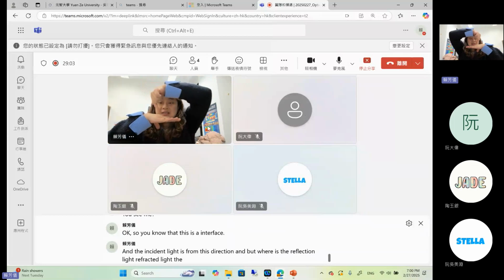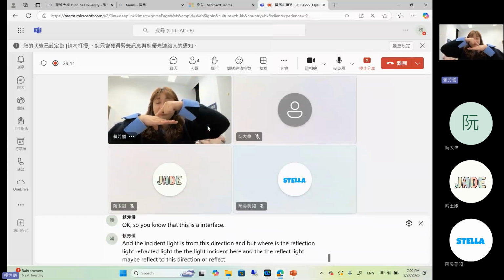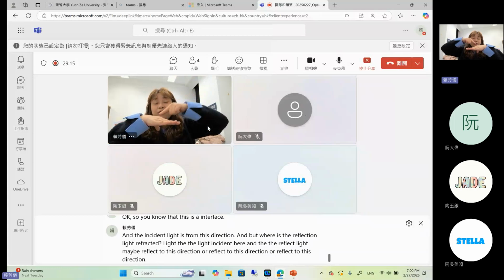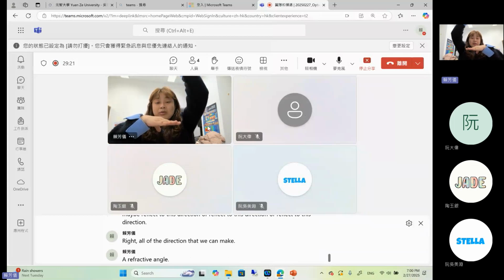The light is incident here, and the reflected light may go to this direction, or this direction, or this direction, right? All of the directions can make a reflection angle with the normal.